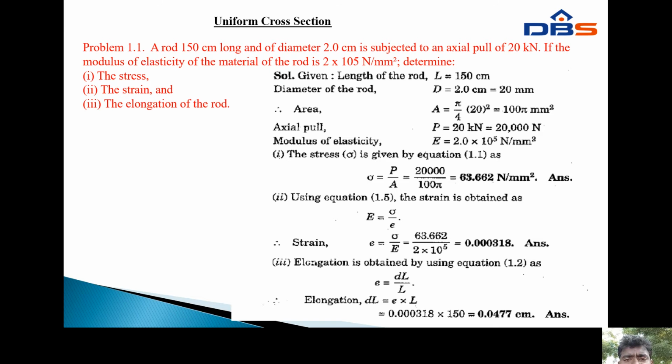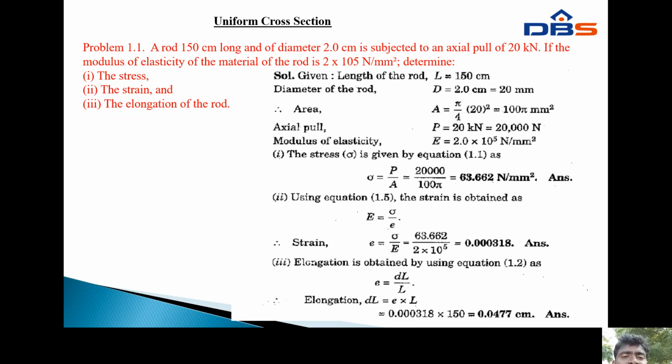Next, elongation. Elongation by using the equation: strain equals delta L by L, where delta L means elongation. Delta L equals strain into L. Strain is already calculated above, 0.000318.